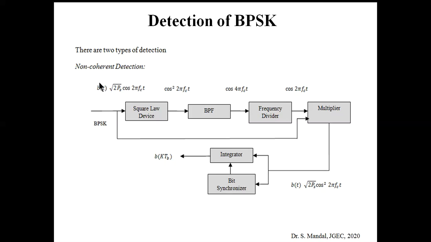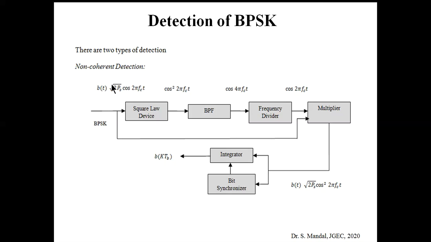That means it will be b square t 2 PS into cos square 2 pi fc. Now bt can take two values, either plus 1 or minus 1. If we square that, all the values will become plus 1. So ultimately the output is 2 PS into cos square 2 pi fc.